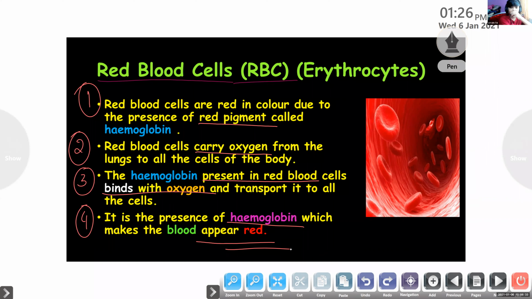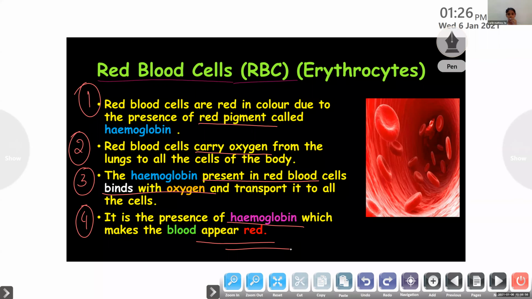Red blood cells are red in color due to the presence of a red pigment called hemoglobin. Read it properly. Hemoglobin. Carolyn, what is the name of the pigment that is present in red blood cells? Hemoglobin.